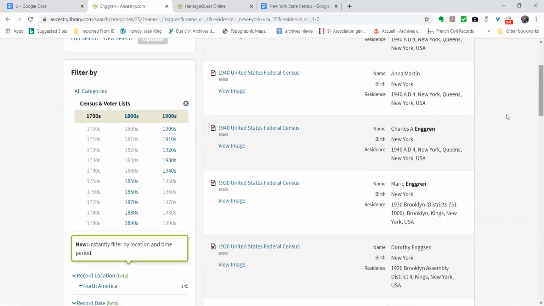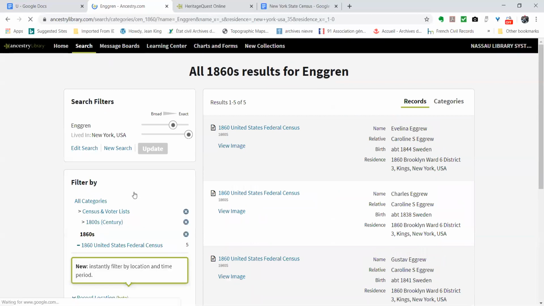Okay. So we're going to start with 1860. So here's my relatives in 1860, but this is not how their last name is spelled. Because I checked off exact and similar, they're going to show up. But if I had just put exact, I wouldn't see this.